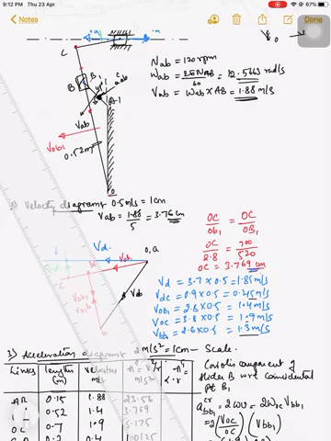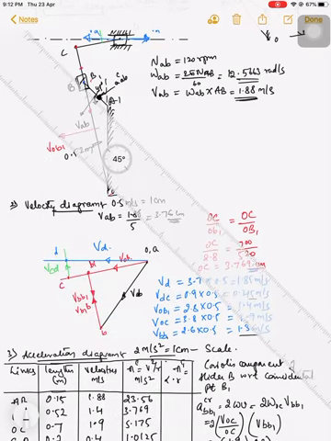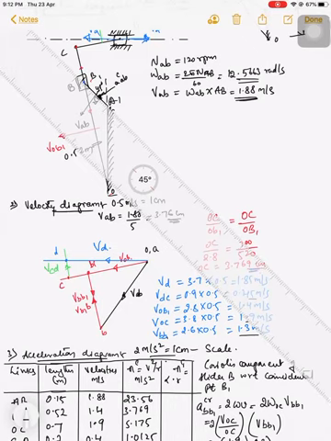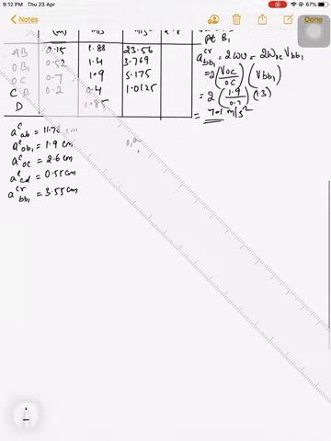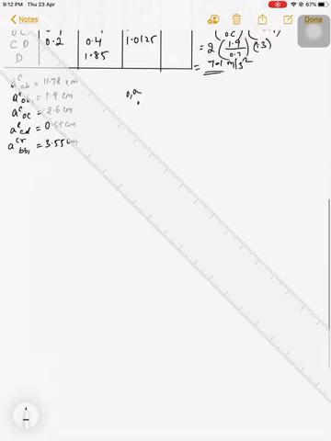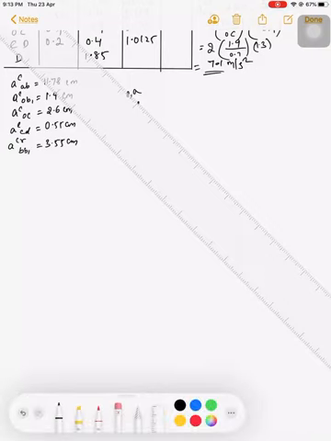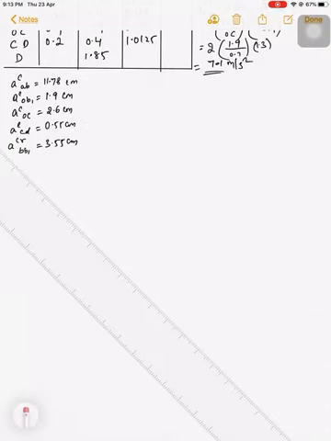So exactly parallel to this link, I am going to draw a line equal to 11.78 centimeters. Let us get some more space here.